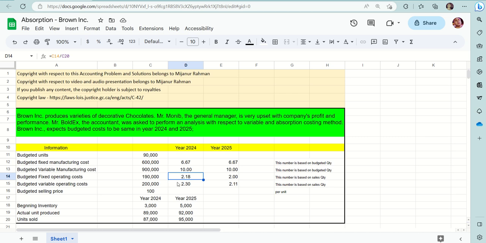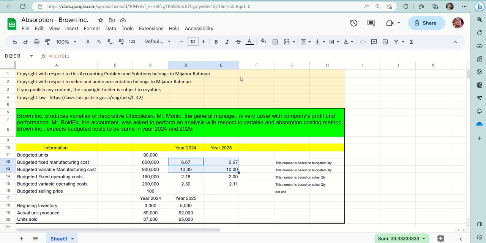And then we would have this budgeted fixed operating costs. So we would divide 190,000 by this 87,000. The budgeted operating costs are usually based on the units sold. And the budgeted variable operating costs, the same way, you divide that by 87,000 units sold with respect to 2024.